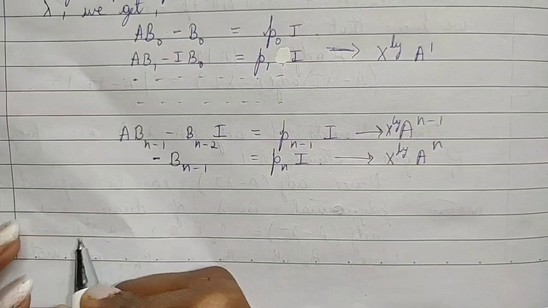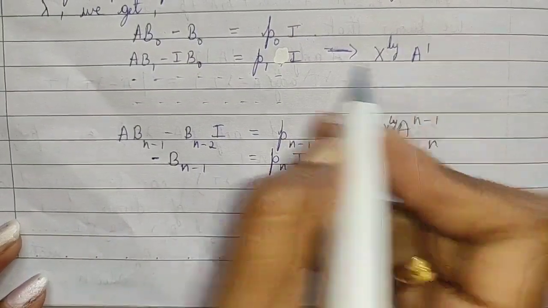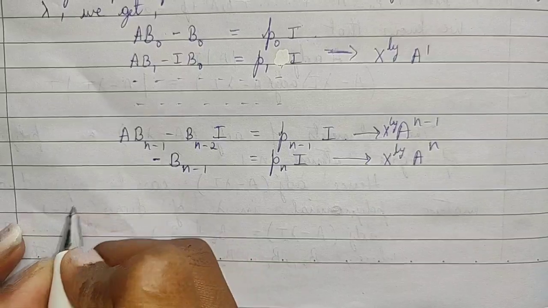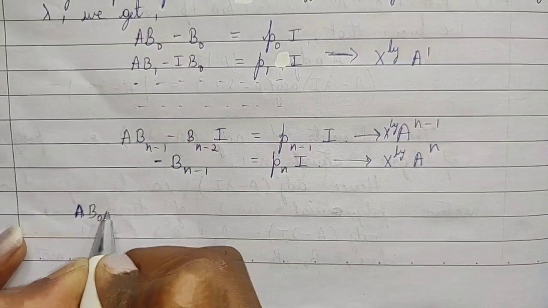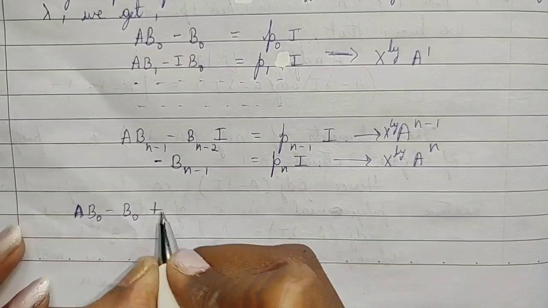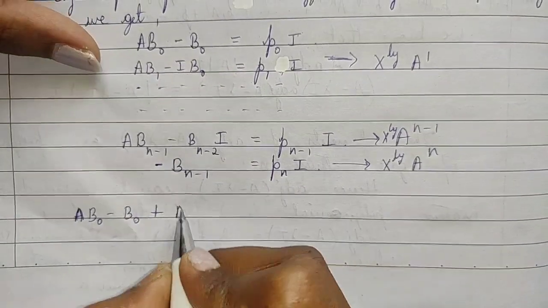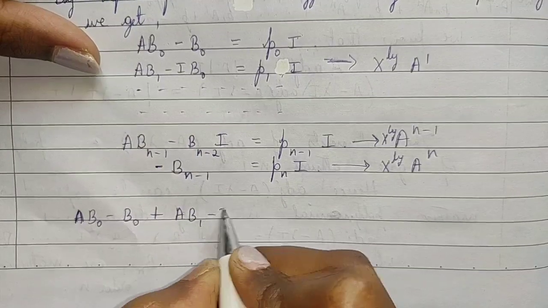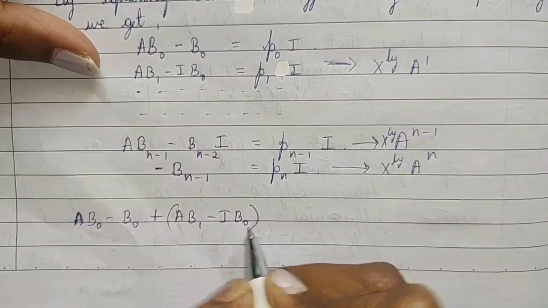Now write down LHS together and RHS together. So multiplying we should write: A B naught minus B naught, plus A B1 minus I B naught into what did we have?